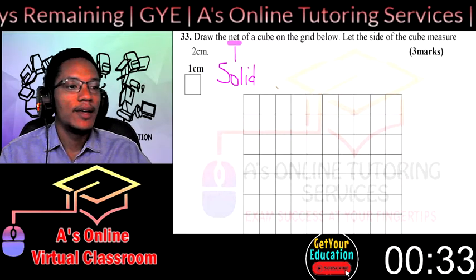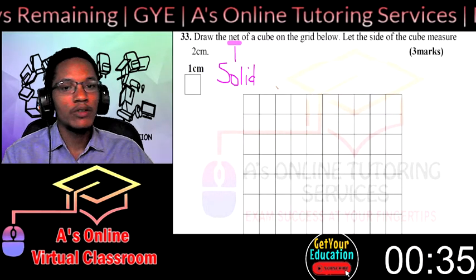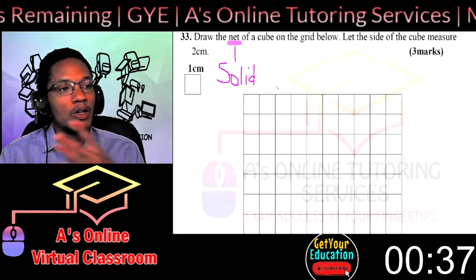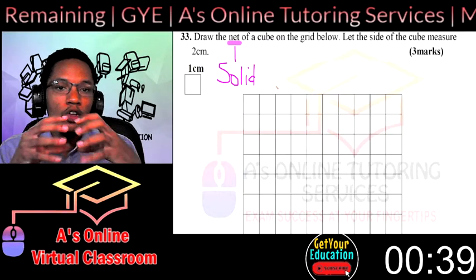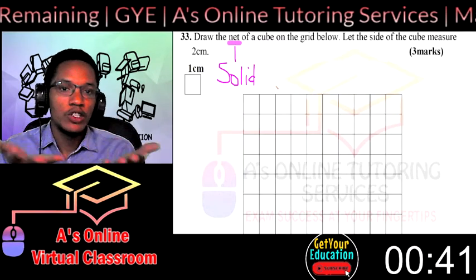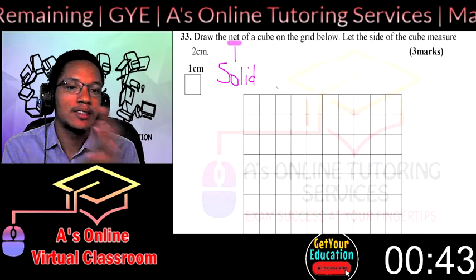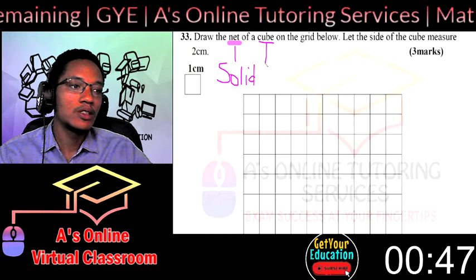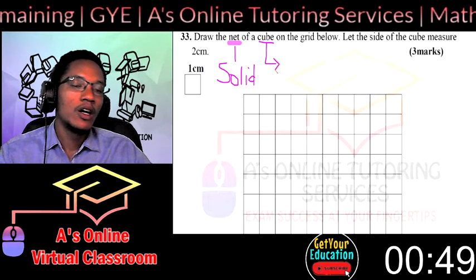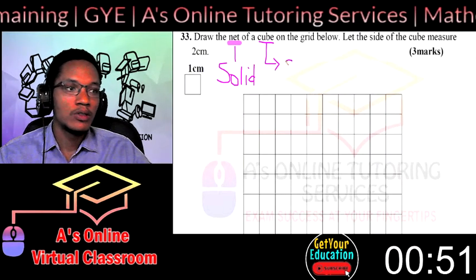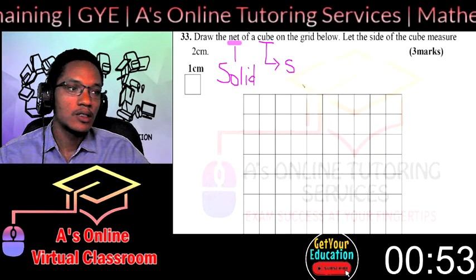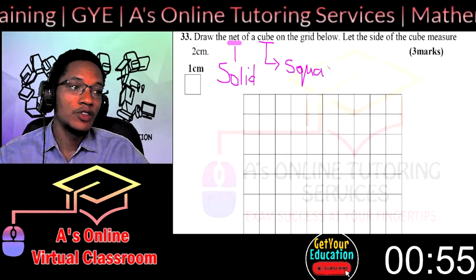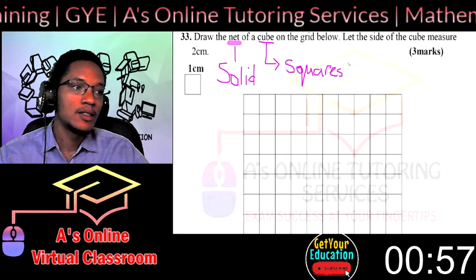And in a solid, which is a 3-dimensional object, we break it down into its 2-dimensional parts. And when we talk about a cube, these are the things you have to consider. A cube is made up of squares, and the cube has 6 of them.